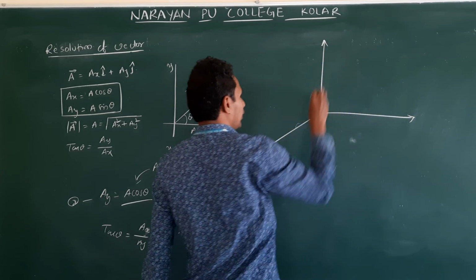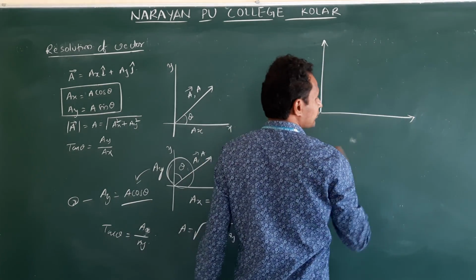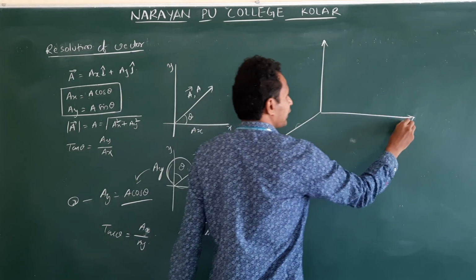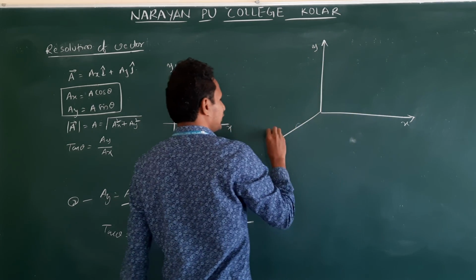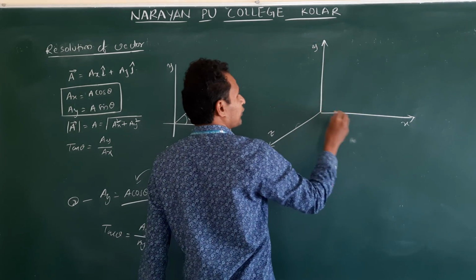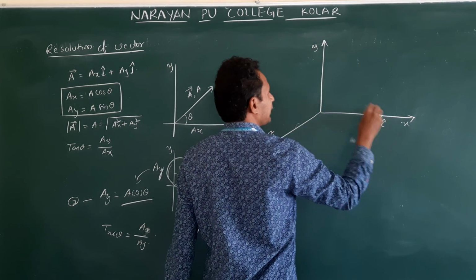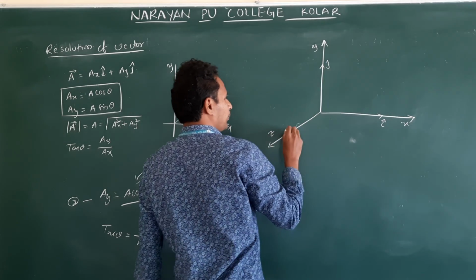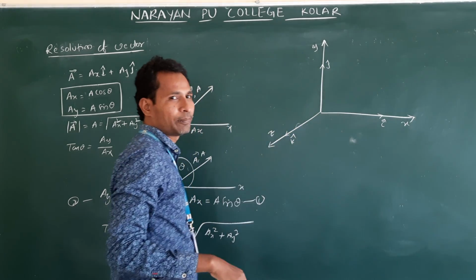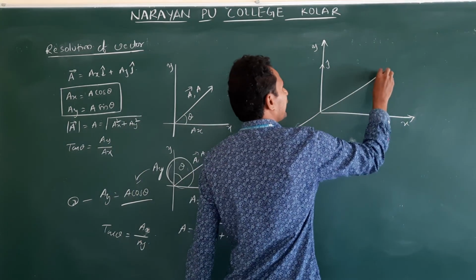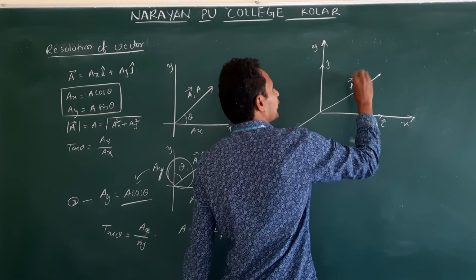Now we will see a vector in three dimensions. If we have three coordinates, what is the vector? A three-dimensional vector. This is the x-axis, this is the y-axis, this is the z-axis. What are the unit vectors along them? I cap, j cap, and k cap. Now a vector A is this one. How do we write it?